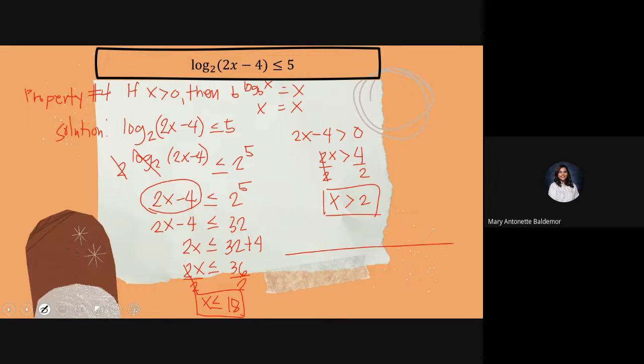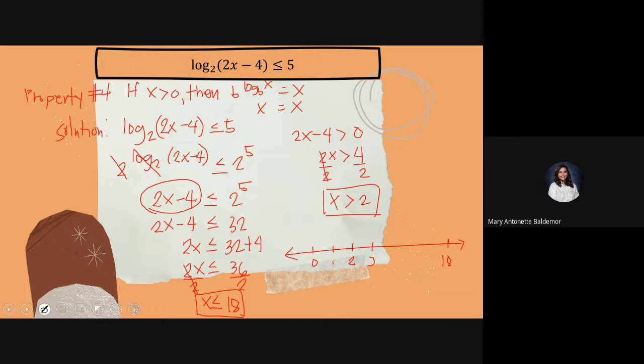So imagine the number line. Let's start from 0. This is 0, 1, 2, 3, up to 18. This is just an approximation.